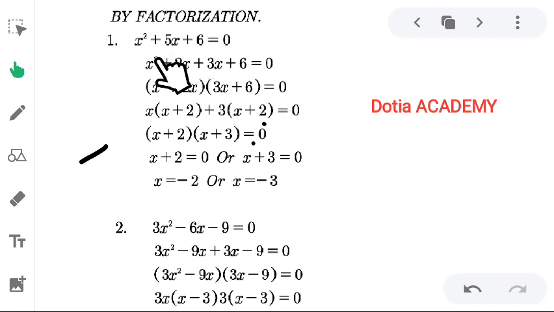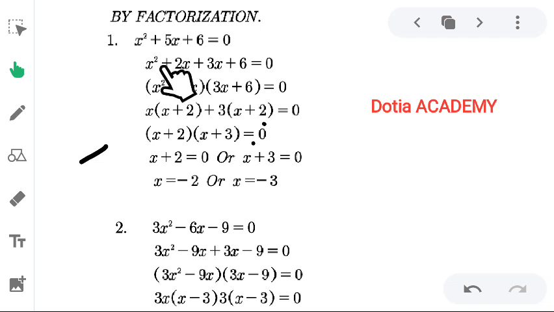The numbers I can think of are 2 and 3. 2 plus 3 gives plus 5, and plus 2 times plus 3 gives plus 6. That is why I replace 5x with 2x plus 3x, because 2x plus 3x gives you 5x. Then we have x squared, followed by plus 6, and everything is equal to 0.